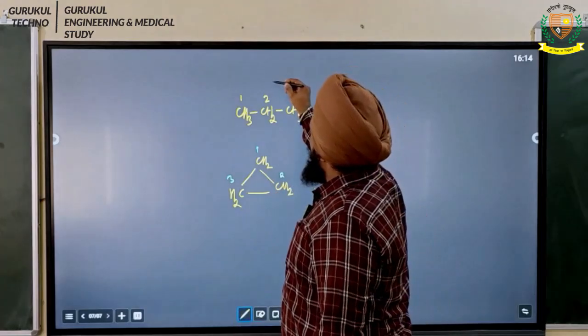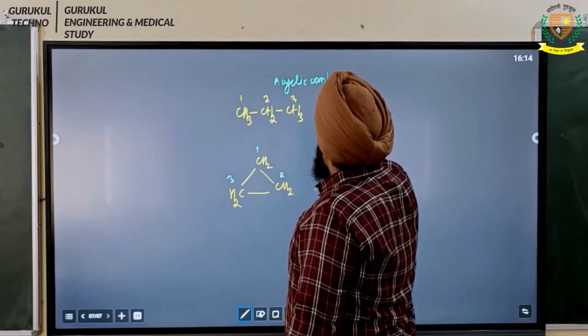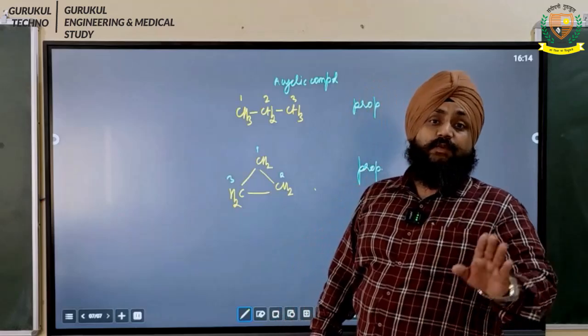So this is my acyclic compound, so there won't be any primary prefix over here.